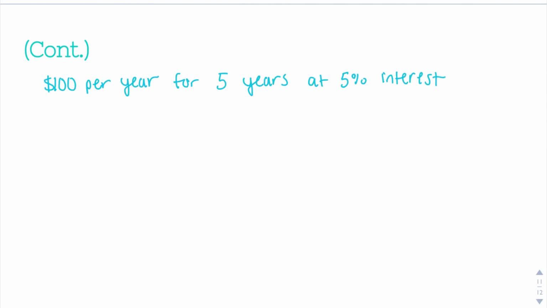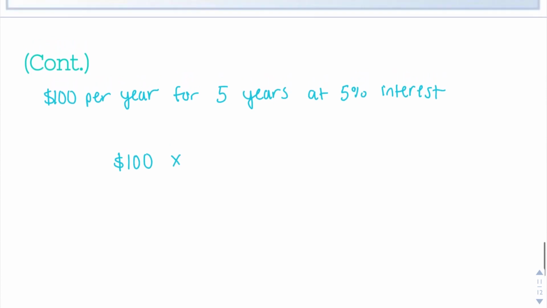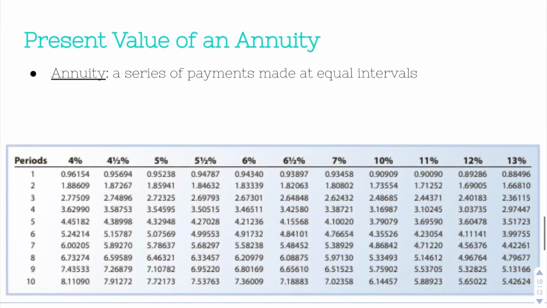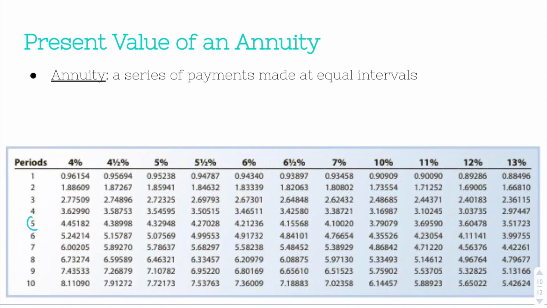And when you're doing the calculation for an annuity, the value you're multiplying by is the value that you receive in a single payment. So in this case, it would be the $100 that you're receiving every year. And then you're going to find your annuity factor doing the same process. So it is 5 periods and 5%.